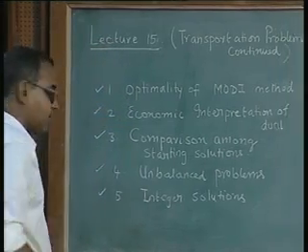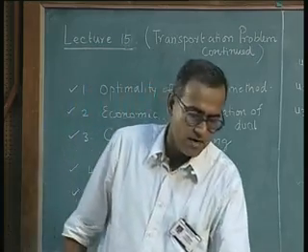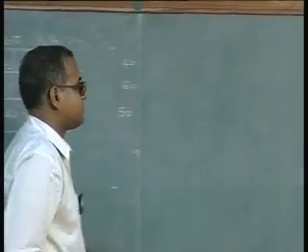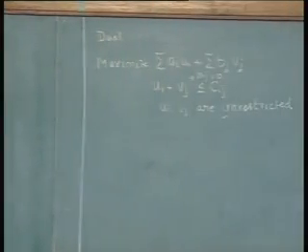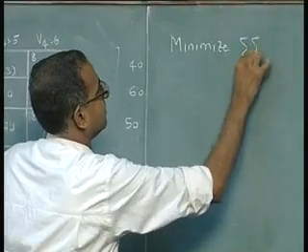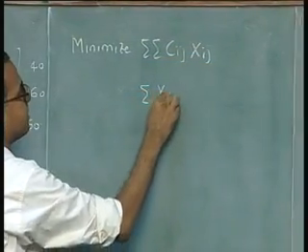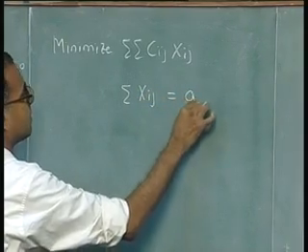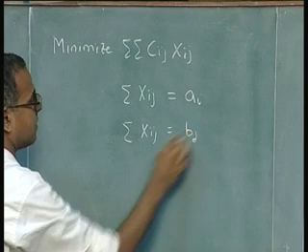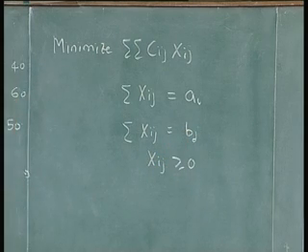The last aspect that we have to look at is these integer solutions to transportation. Now, the transportation problem is a linear programming problem. We have seen the primal is to minimize the sum of Cij Xij, with Xij greater than or equal to 0.